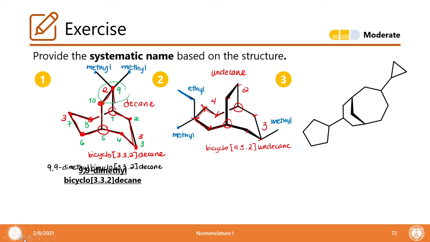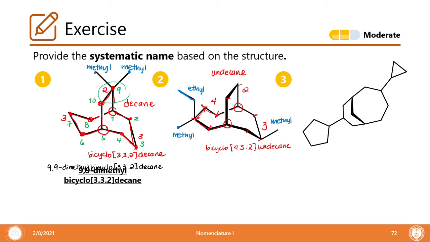Okay, and then let's do the numbering. We start at a bridgehead. We can choose between these two, but we always have to proceed through the path with 4 carbons in it. So we have to start in either of these positions. I will choose this one because it is closer to our 2 substituents here.